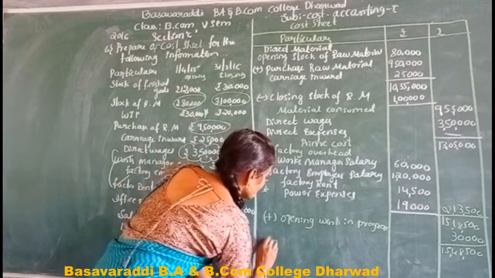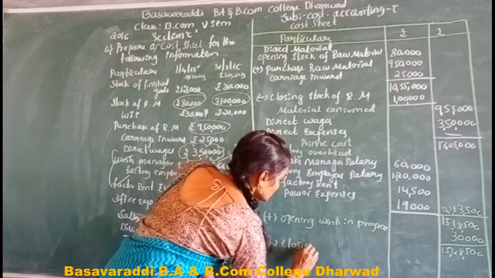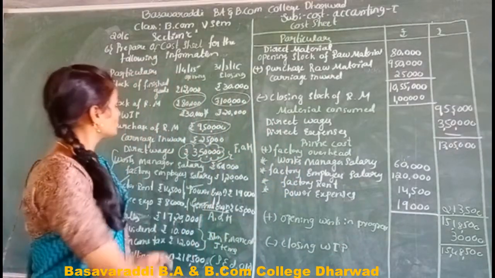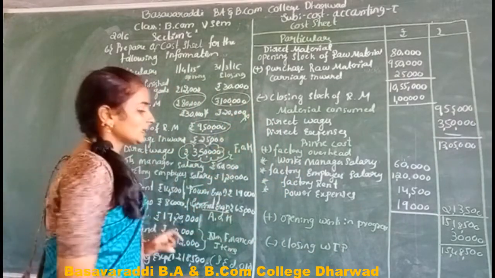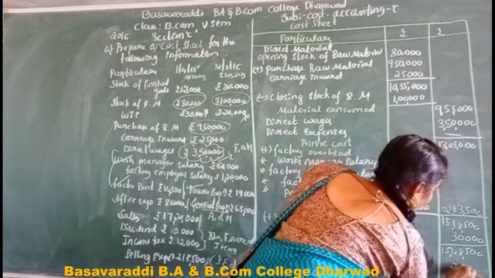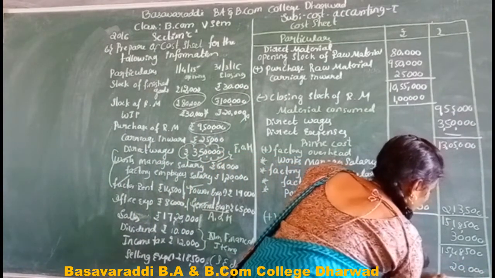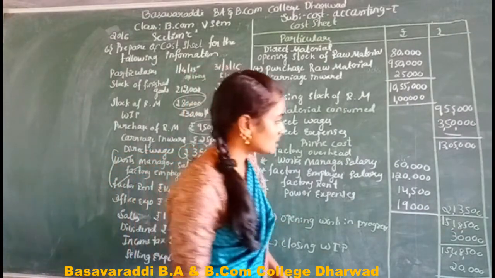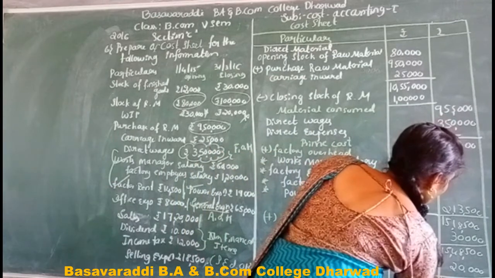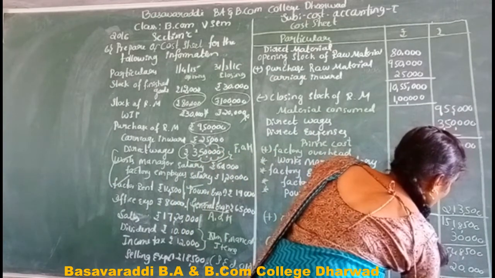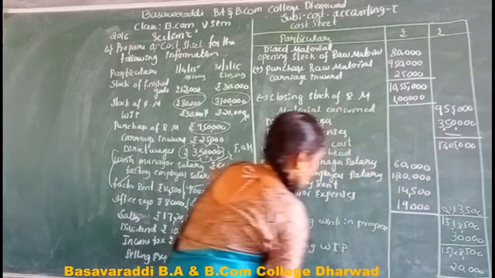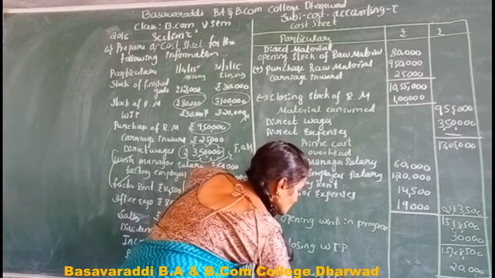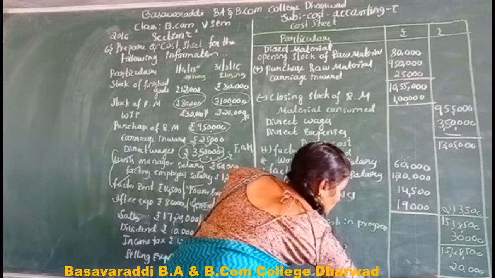In that, deduct closing work in progress 20,000. 15,48,500 minus 20,000 is 15,28,500, which is called works cost.